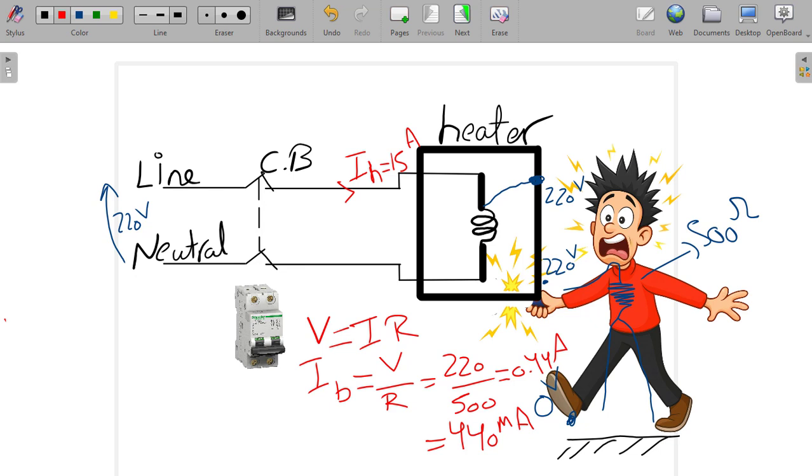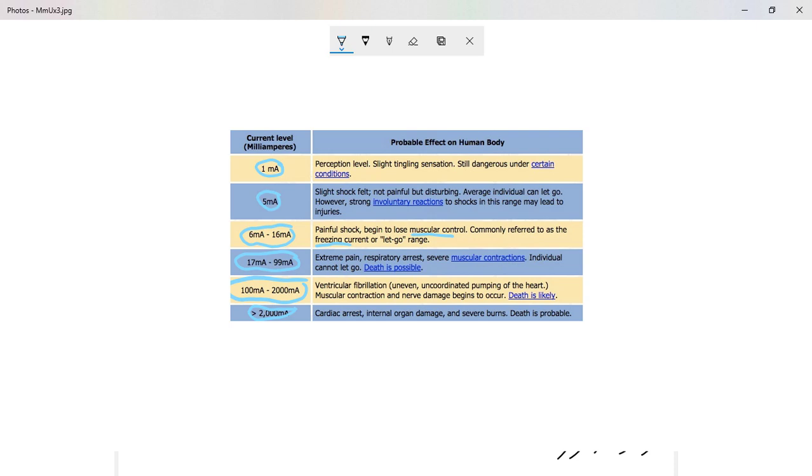Actually, this is too much for your body because you have here heart and cardiac system, and you have muscles and a lot of things. And this is so dangerous to have this amount of current. Let's see this table. This table illustrates how much current can pass through your body and what this current will do. If the current is 1 milliampere, this is not considered as a problem. If it's 5 milliampere, this is a slight shock felt. If it's 6 to 16 milliampere, painful shock and you begin to lose muscle control.